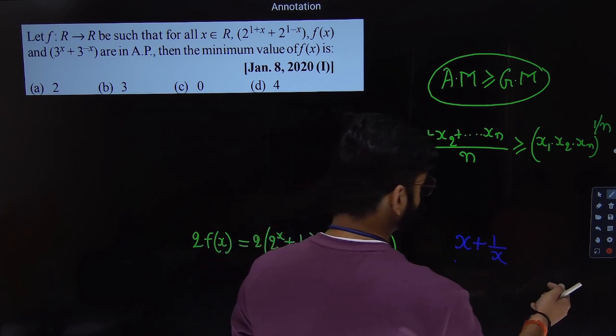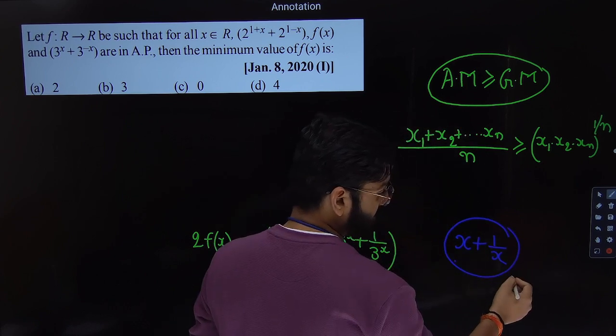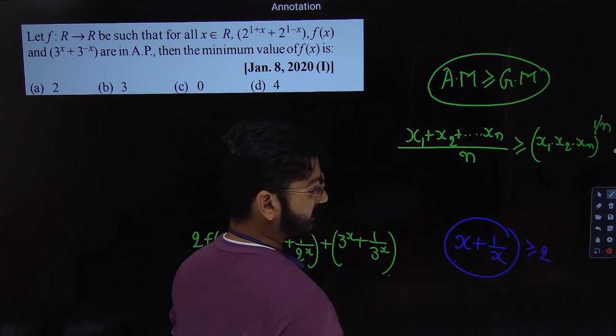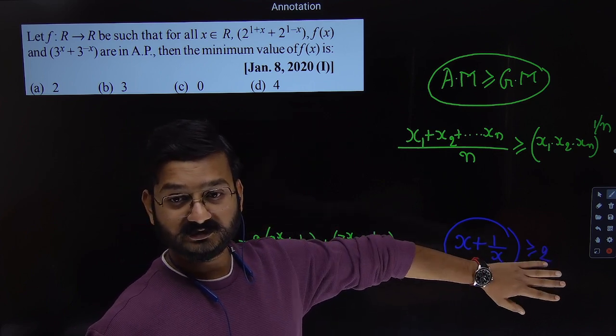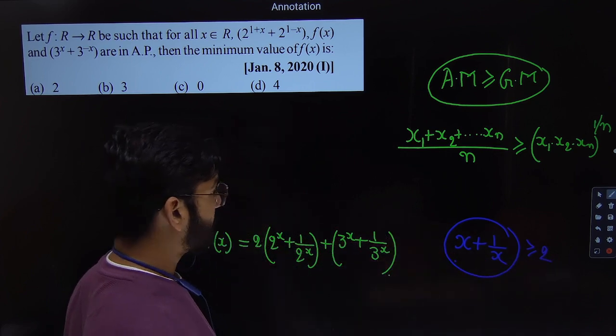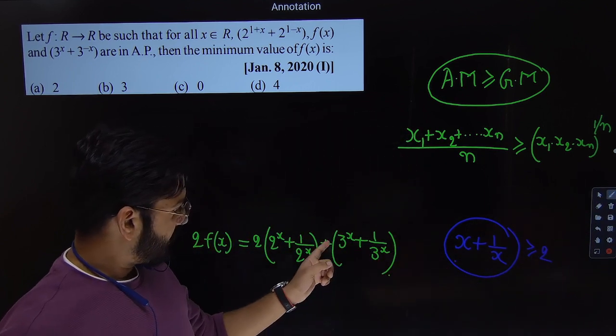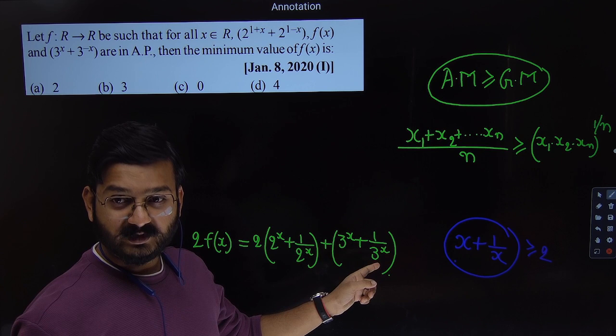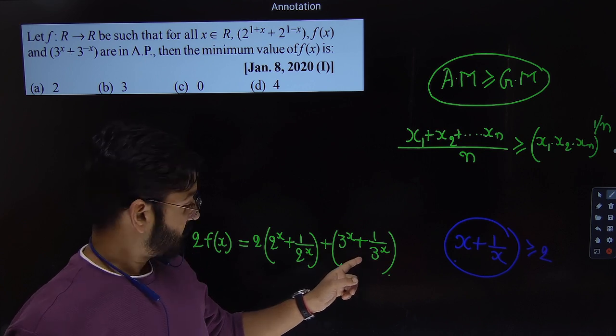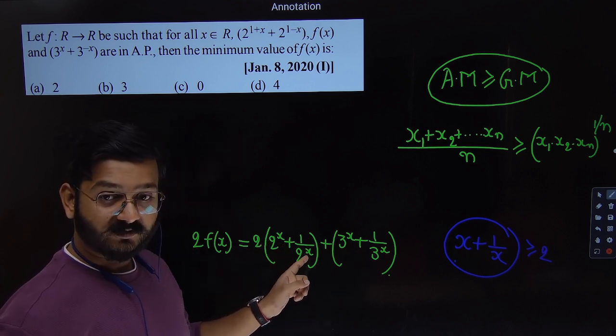You can prove it also by AOD. It is greater than or equal to 2 for all positive values of x. In the same manner, number plus its reciprocal, what will be the minimum value? 2.